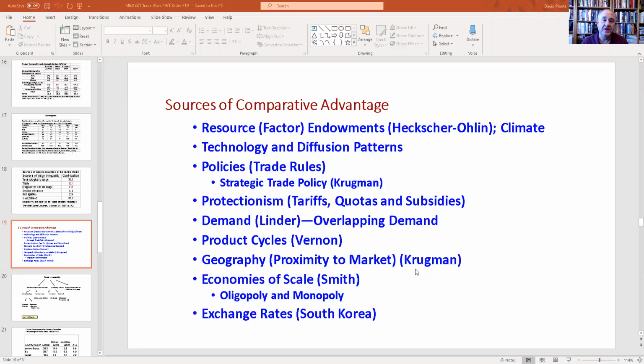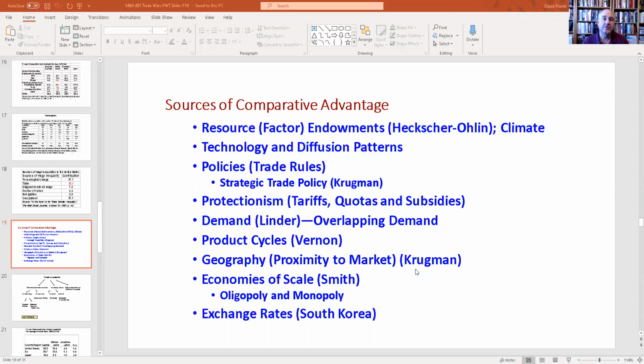So if you wanted to explain trade between the US and say Malaysia, or between Britain and Indonesia, then this would do a pretty good job, because what it looks at is what are the factors of production that you have a relative abundance of.